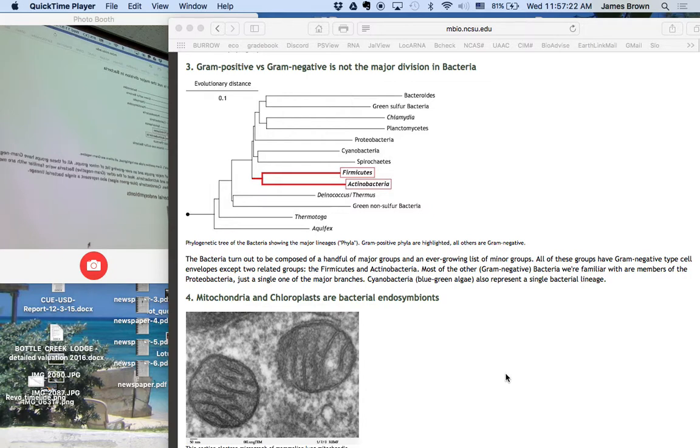Gram positivity had an independent origin in these two groups. There are members of both of these that branch off deeply down here that have a standard issue gram-negative cell envelope. The firmicutes lack an outer membrane completely.